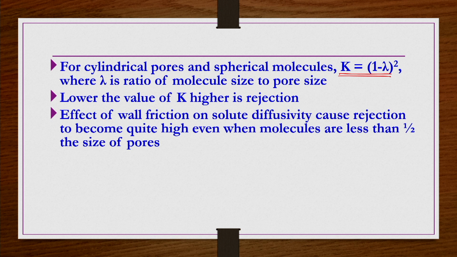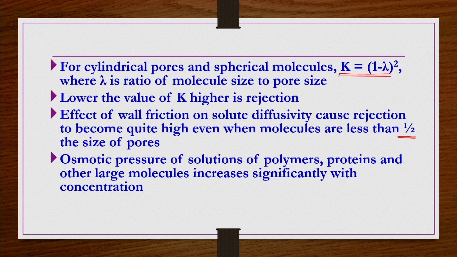However, the effect of wall friction on solute diffusivity also causes the rejection to become quite high even when the molecules are less than half the pore size, that is, even when lambda is less than half.